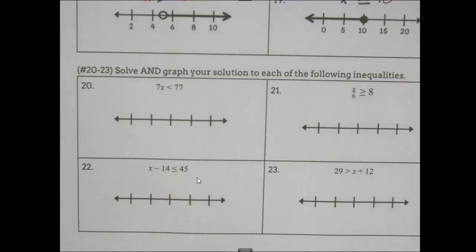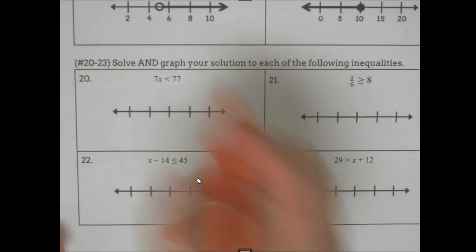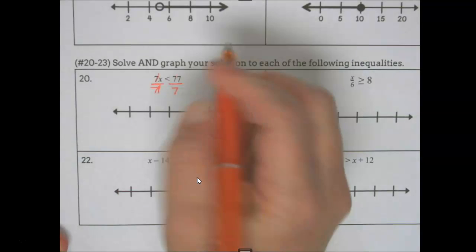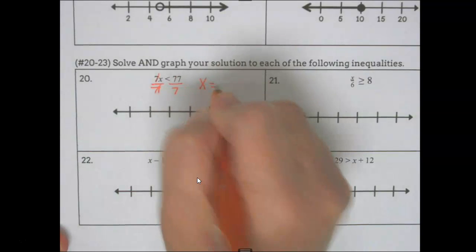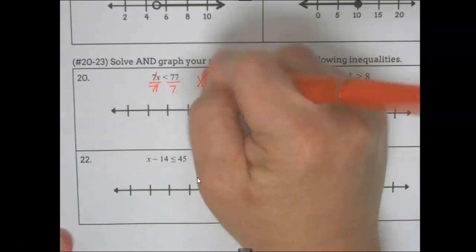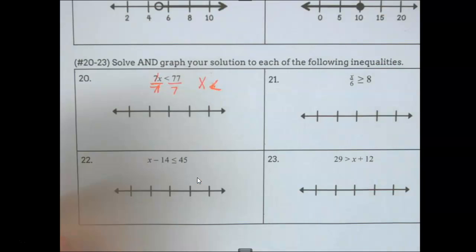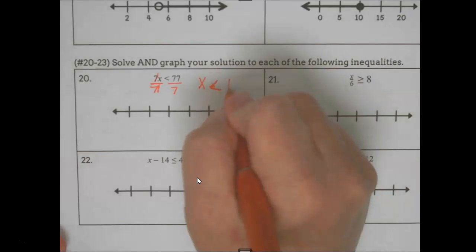Number 20. So now we're going to start solving them. Solve and graph your solution. With this one, I'm going to divide both sides by 7. The sign stays the same. 77 divided by 7 is 11.